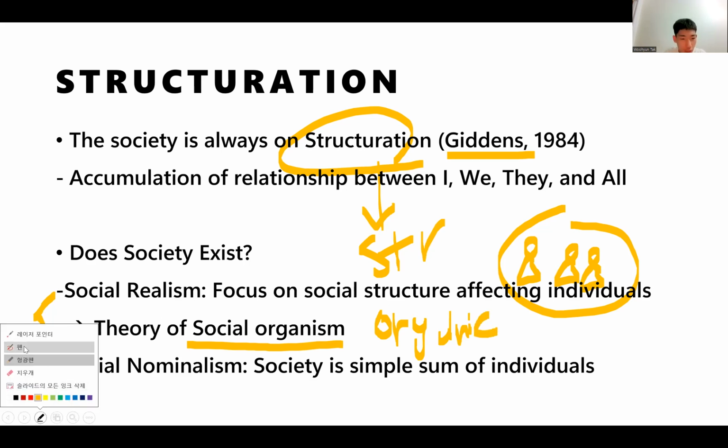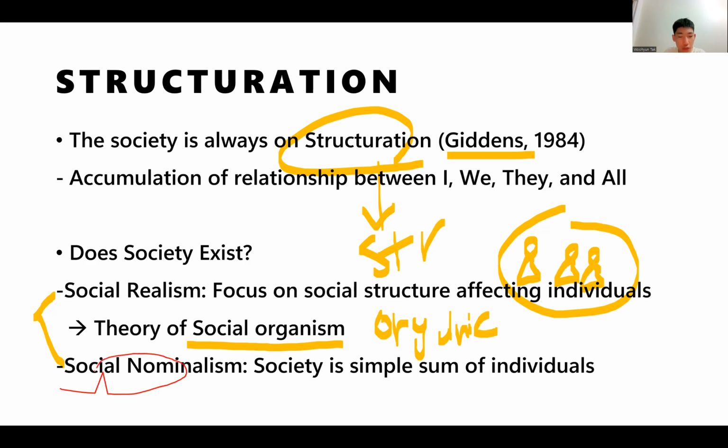But the second one is social nominalism. Social nominalism holds that society remains nominal. Society is just a simple sum of individuals, therefore this big structure does not exist and we have to focus on communications among persons, not the macro society itself. So these have been the two main points about our society: realism or nominalism.